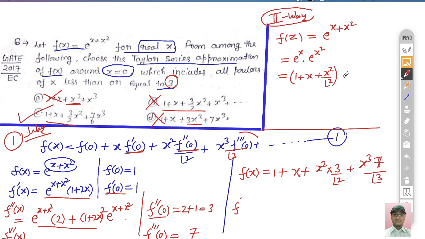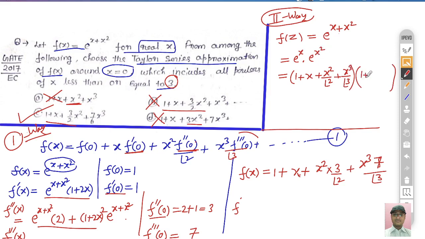And in a similar way you can expand this term, or you can also expand the third term because it goes up to cube. So I just write x cube by factorial 3, and no need to write beyond this. The reason is very clear, because we have to calculate only up to order 3. So once you expand this series, in place of x it is x square.